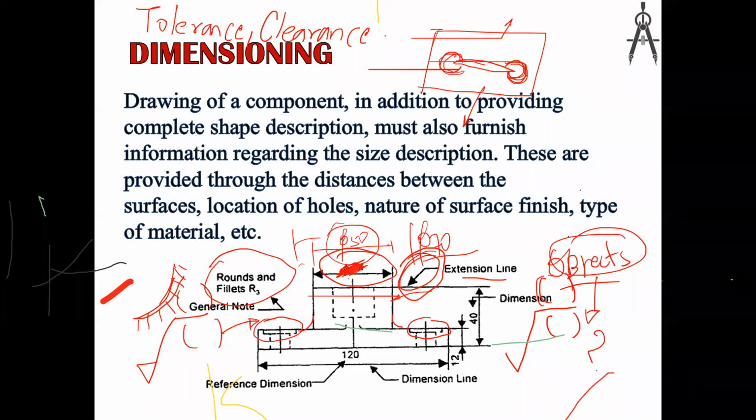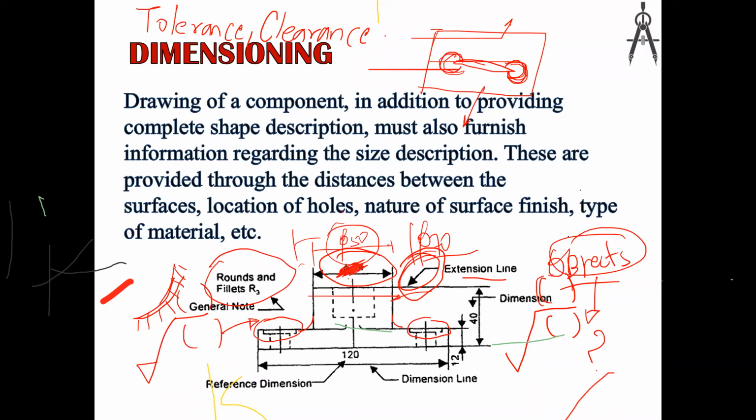You can't go above or below that tolerance rate. If you go beyond that point, then that part won't be compatible for your future work. So you got the idea about the dimensioning now.